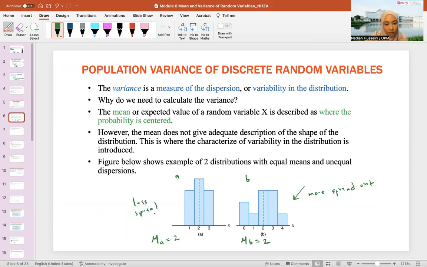Okay, can anyone tell me, is widely spread out data better than less spread out data? Which one is better, A or B? Which is more accurate? B. B is more accurate. Why?